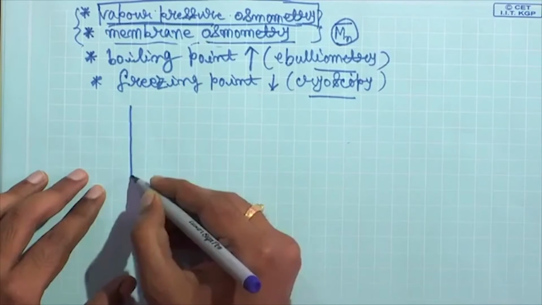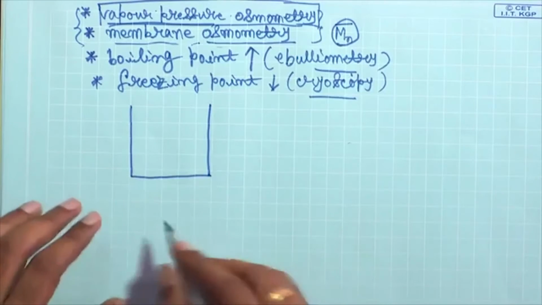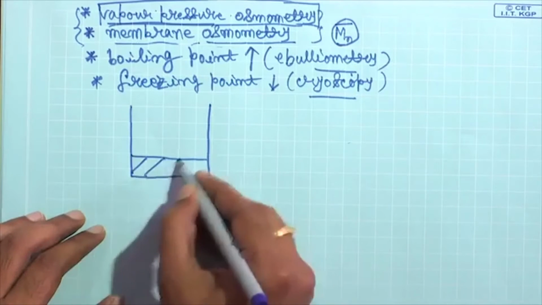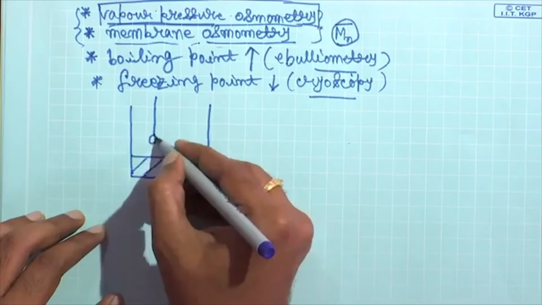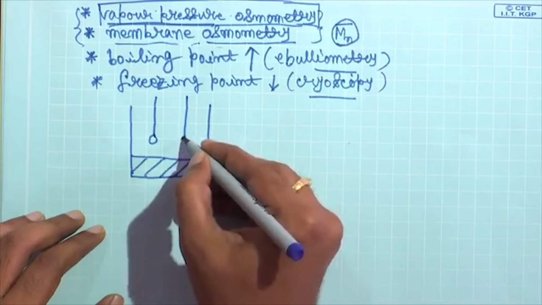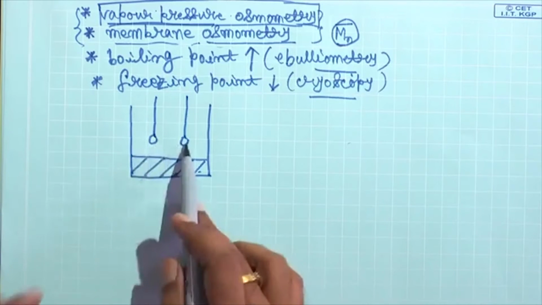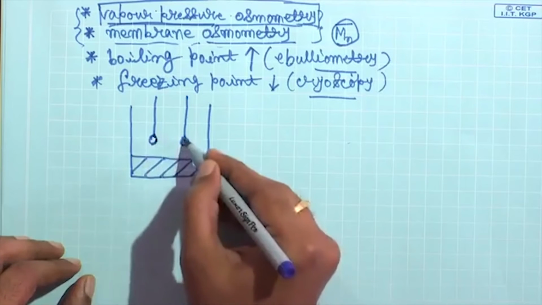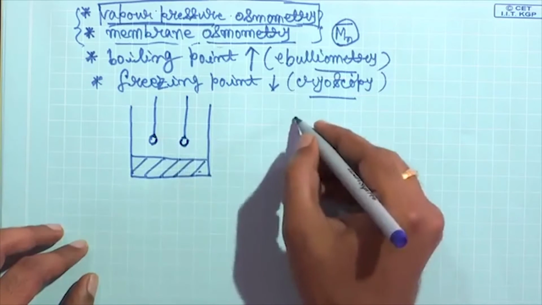The kind of setup that you have looks something like this. You have a chamber in which you have a solvent. I am going to explain this to you here. You have two thermistor beads that are fixed at a certain position above the solvent.